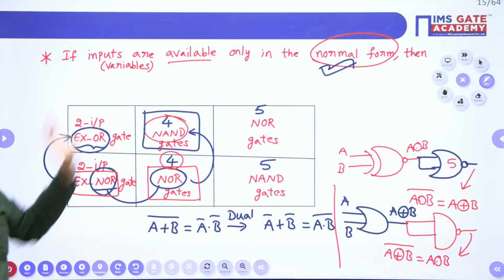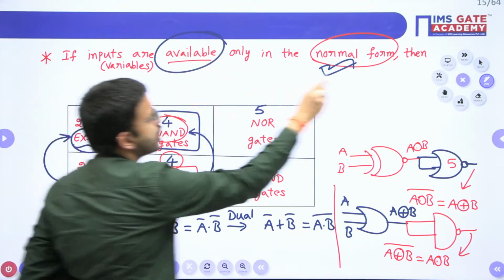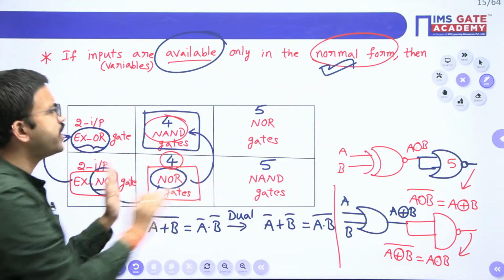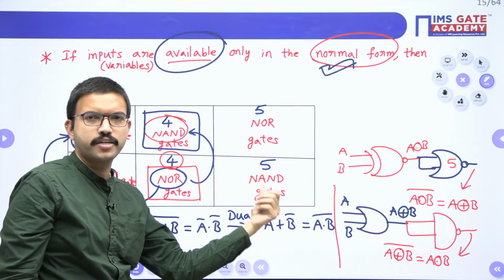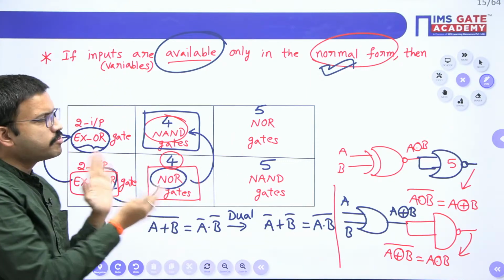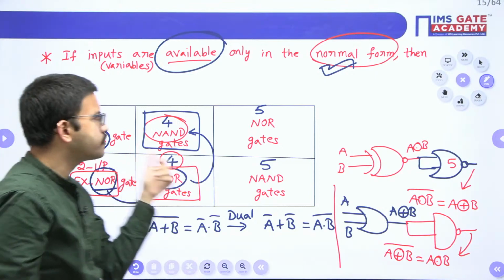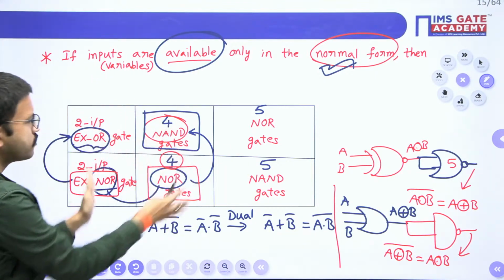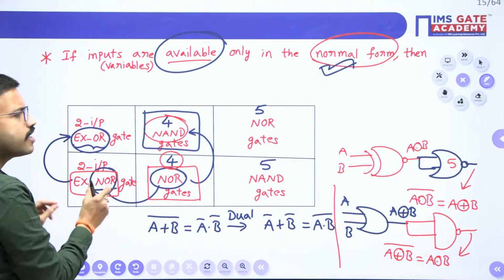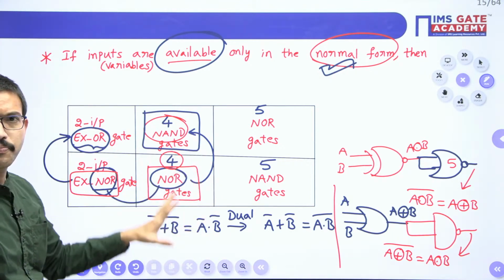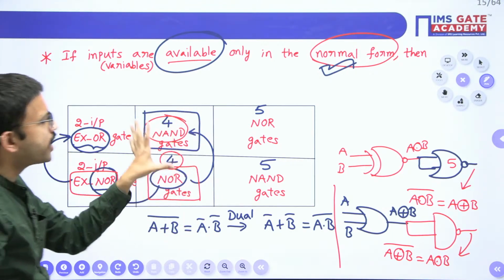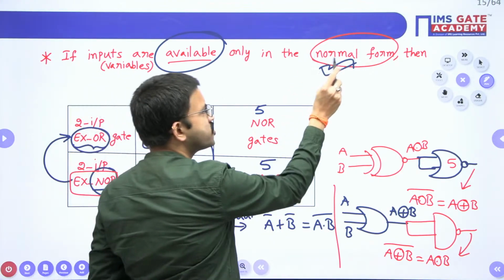See, when the inputs are available only in the normal form, the final answer regarding NAND or NOR has only 2 possible values, either 4 or 5. In the exam, if you get confused whether the answer is 4 or 5, remember the logic I have discussed here, and you can answer any question related to this model. These values are applicable only when the inputs are in normal form.